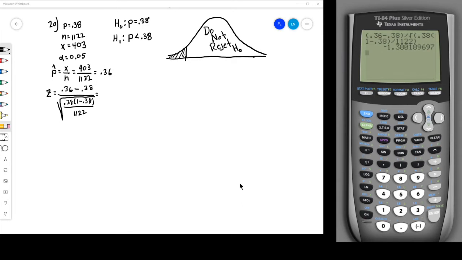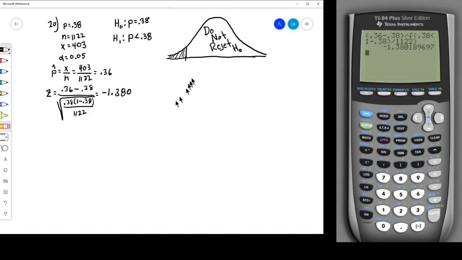And I get, again, round this to... for all the hypothesis testing problems, I'm going to recommend that you round your test statistic to 3 decimal places rather than 2 like we would normally do. So minus 1.38. And actually, the next place is a 0, so it doesn't matter whether I round it to 2 places or 1 place.